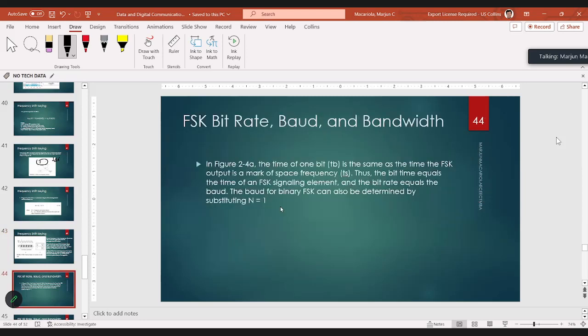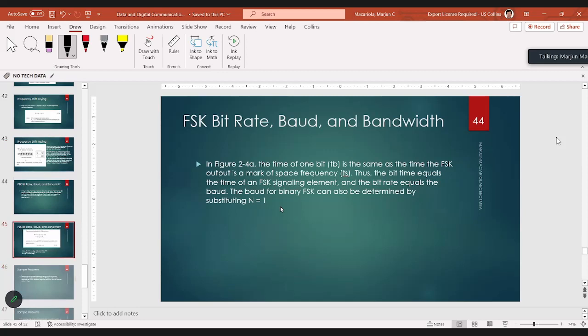So in ASK, we have bit rate, baud rate, and bandwidth. In FSK, we also have bit rate, baud, and bandwidth.